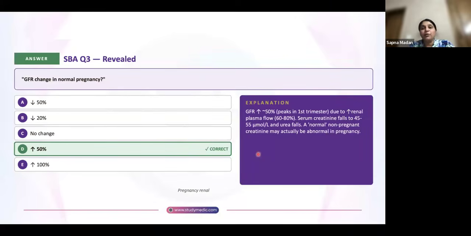The serum creatinine will fall to 40 to 55 micromoles per liter, and the urea levels will also fall. So what we consider normal in a non-pregnant condition is actually abnormal in pregnancy. That is why you have to have different parameters.